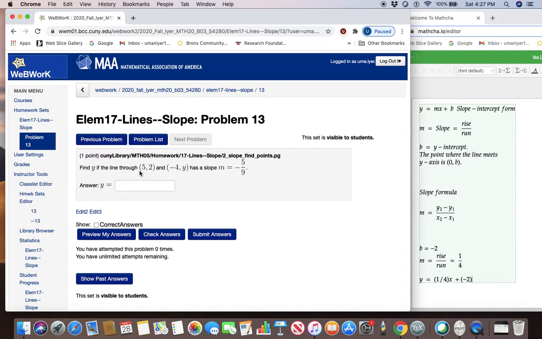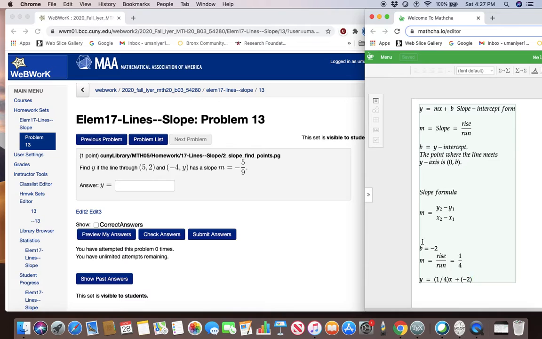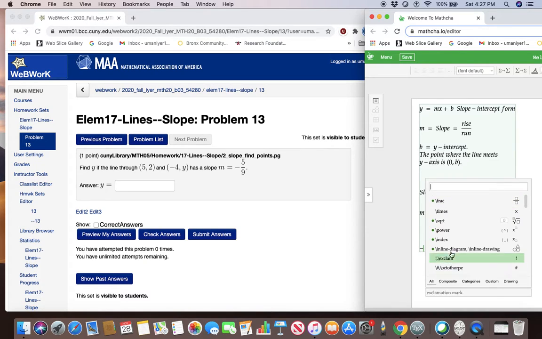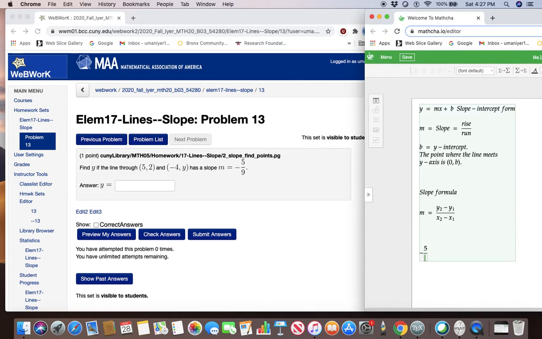Next problem. Find y if the line through this has slope this. So they want you to find this particular y-coordinate if you know that the slope is negative 5/9. Now what does the slope formula say? Y2 minus y1 over x2 minus x1.